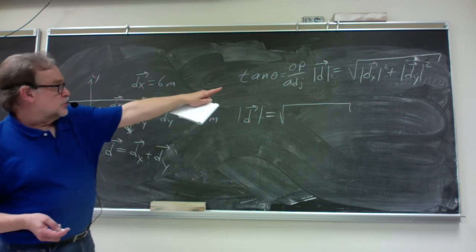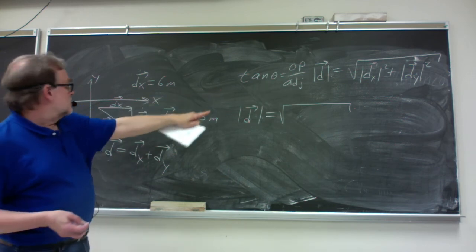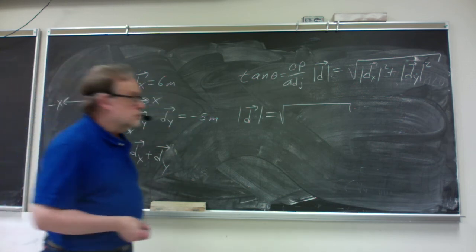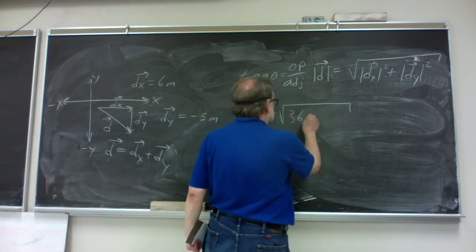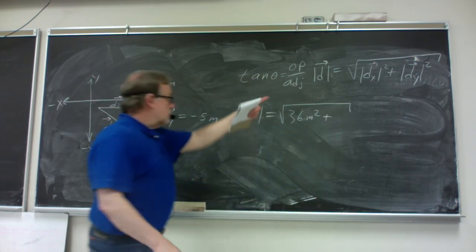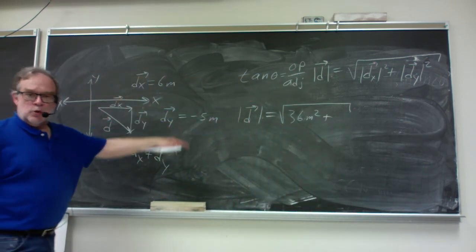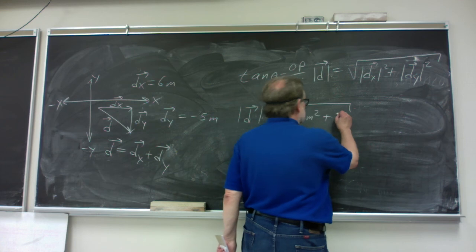So, going back to the rule there, it's the square root of dx squared. Dx squared is 36 square meters, plus dy squared, and dy squared is 25 square meters.